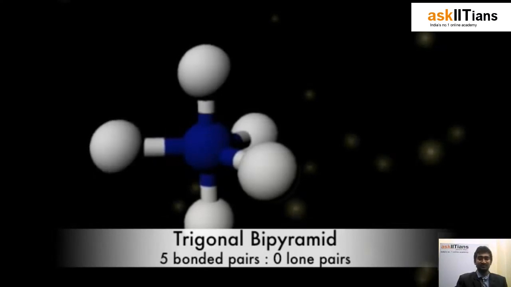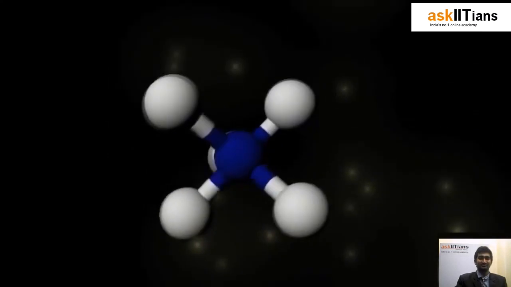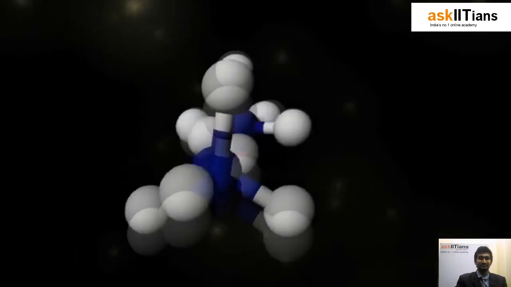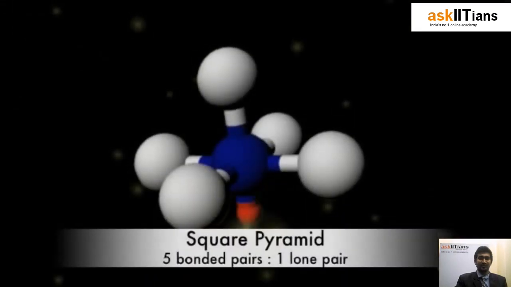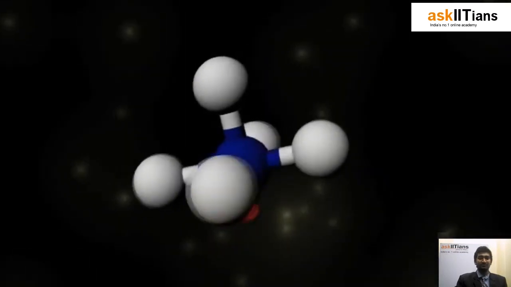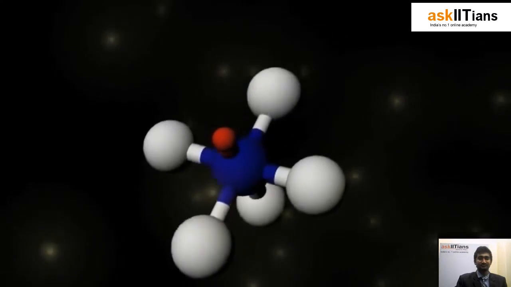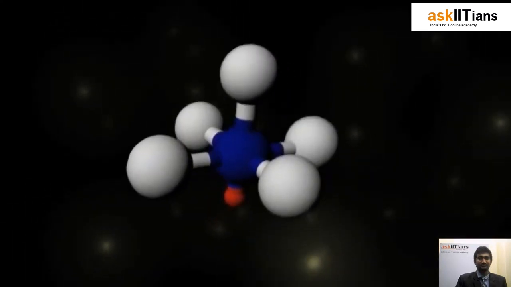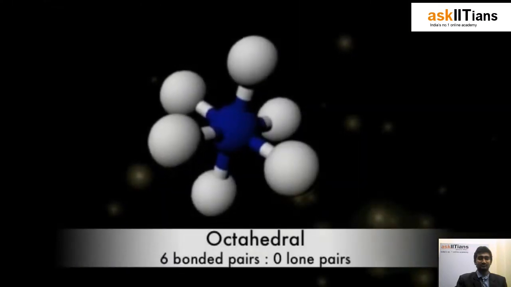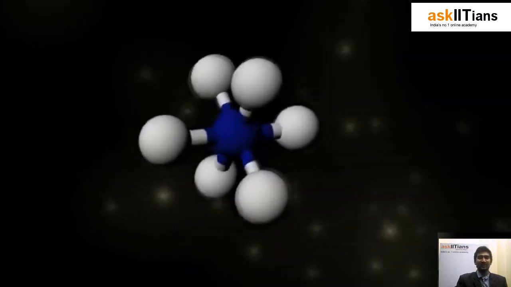Trigonal bipyramidal, 5 bond pairs and 0 lone pairs, PCl5. Square pyramid, 5 bonded pairs and 1 lone pair. Octahedral, 6 bond pairs and 0 lone pairs, SF6.